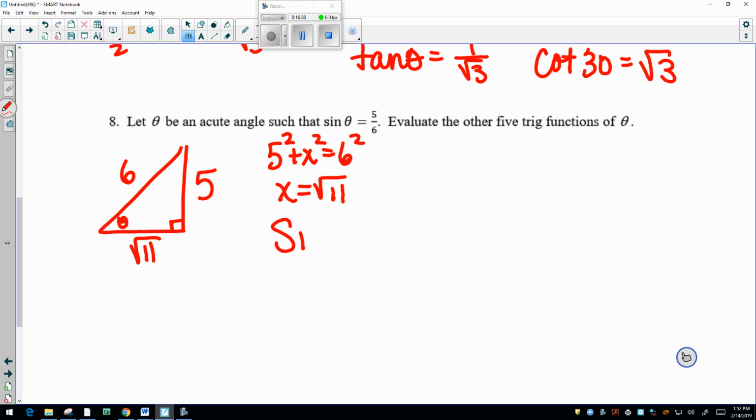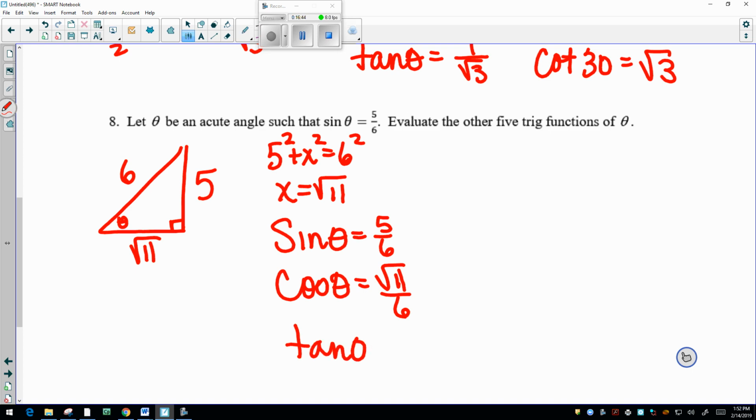So we already knew sine of whatever this angle was, 5 over 6. Okay, cosine, adjacent over hypotenuse. So according to this angle, here's my adjacent and hypotenuse, so I get square root of 11 over 6. Tangent, I have opposite over adjacent, so I'd have 5 over square root of 11.